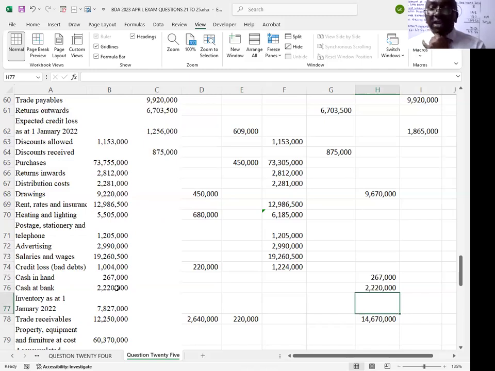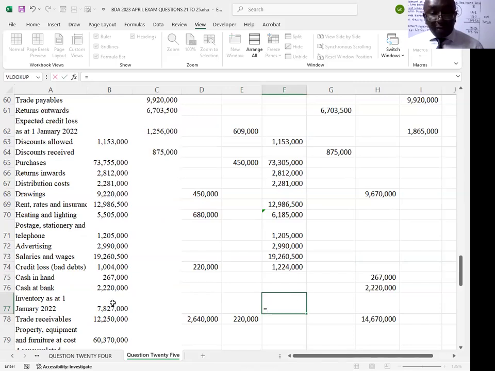Now beginning inventory, that is the opening inventory. We put it together with cost of sales, or in getting cost of sales, it's supposed to be debited. So this one we should debit, because remember we credited the closing. So we need to debit this.